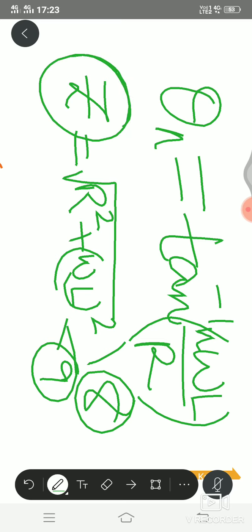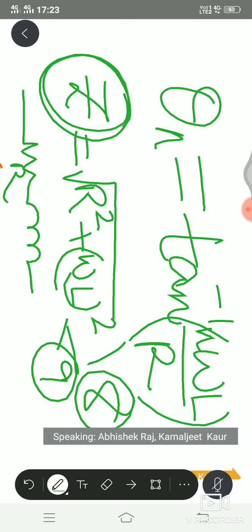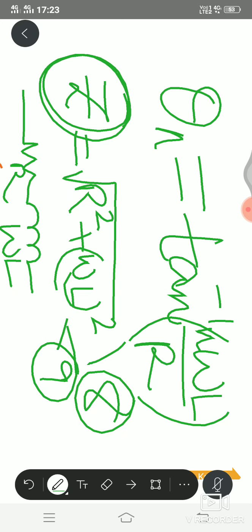Z means impedance, in case of RL load, R square plus omega L whole square. So note down equation number 8 and 9.